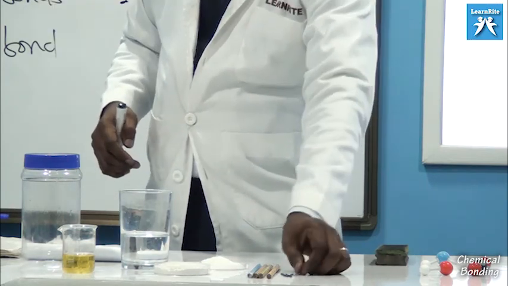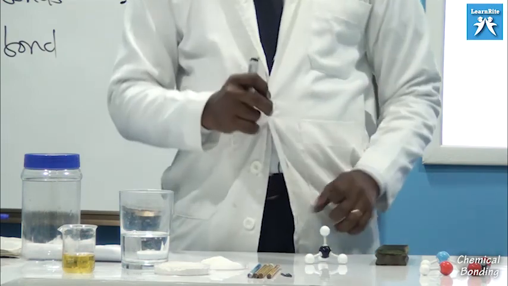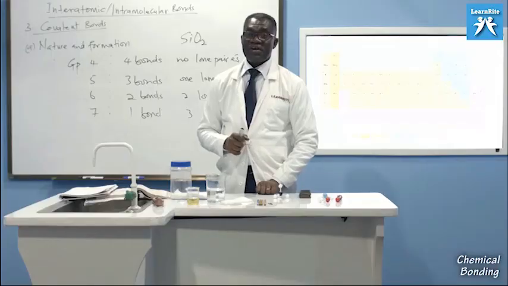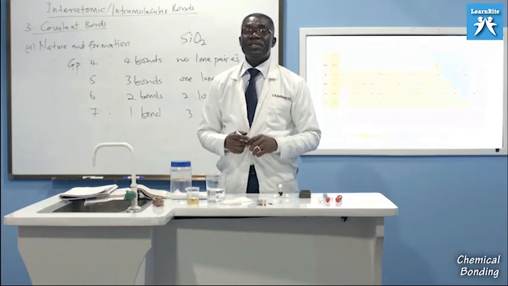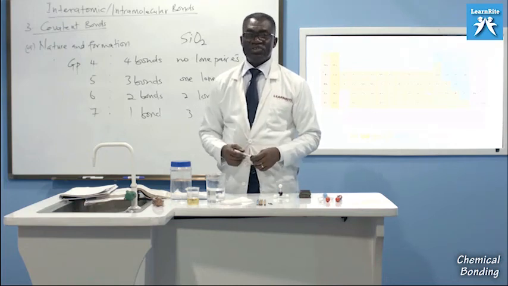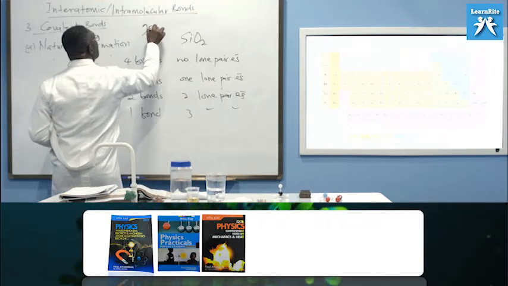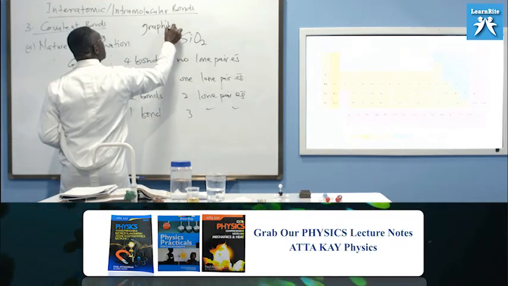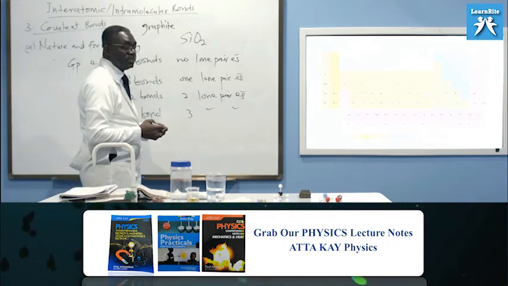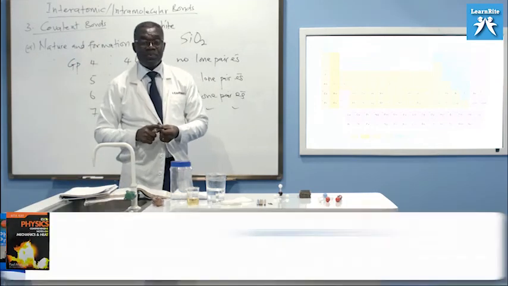So graphite is purely carbon bonded to each other in a certain structure. That is the spelling of graphite. So these are several examples given to you.